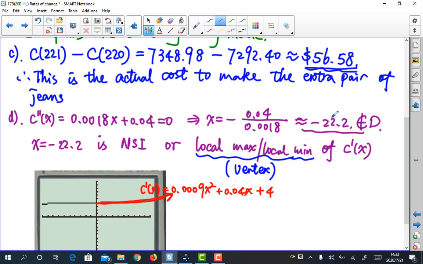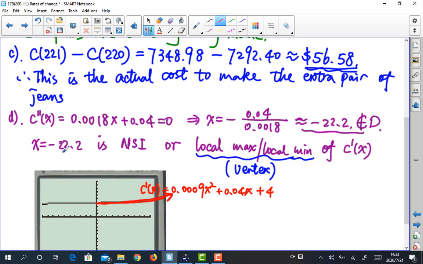But you can see this value doesn't fall within the domain. The domain of the cost function should be greater than or equal to 0. So this one is not in the domain, since we are not able to make negative quantity of the pairs of the jeans.